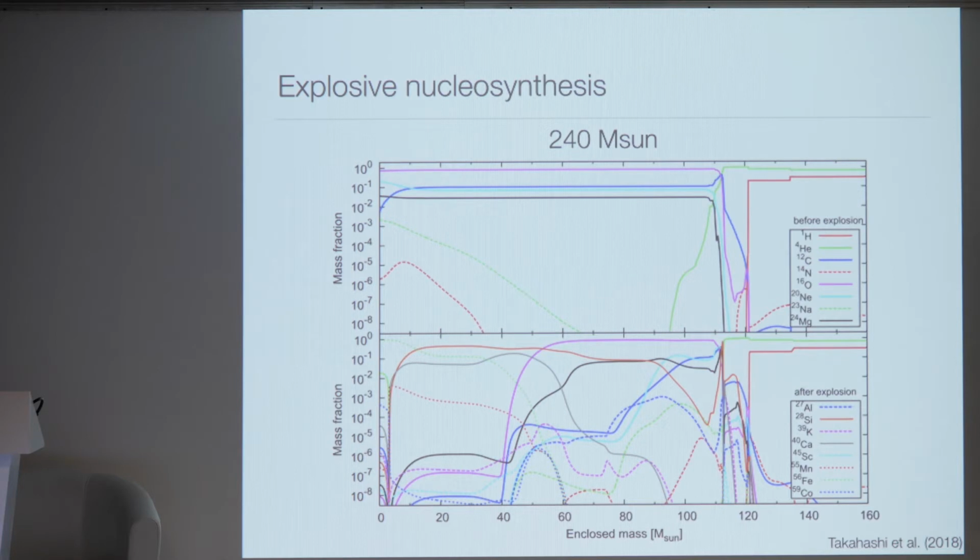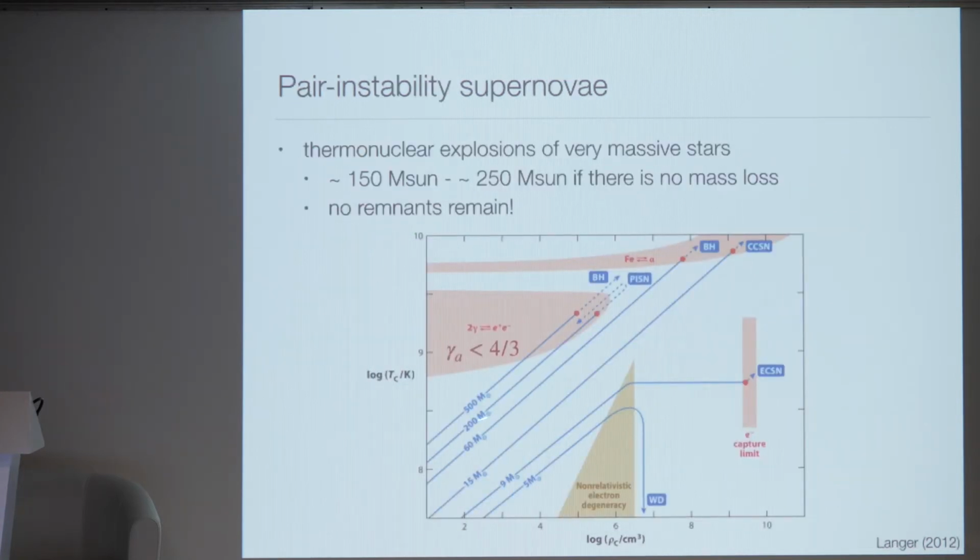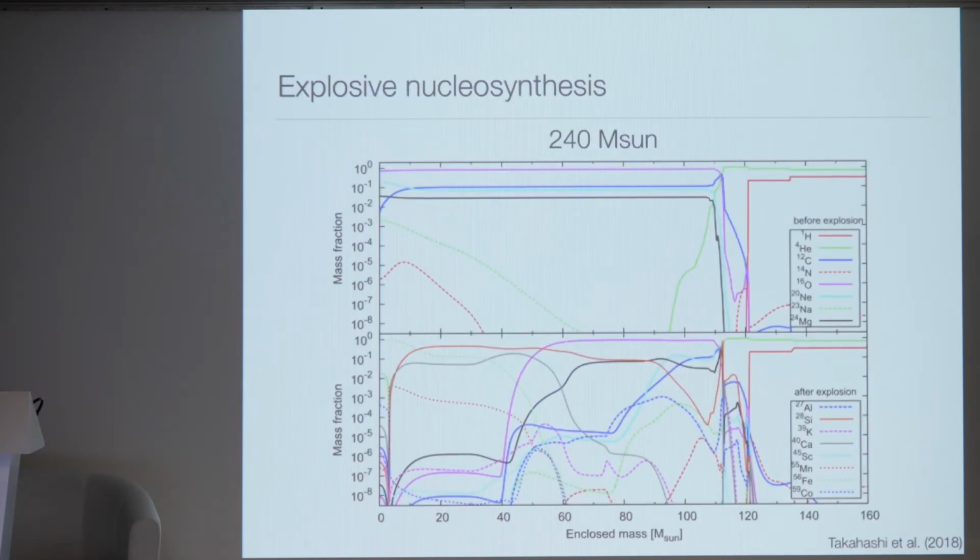So this is one example of how the composition changes as the star collapses. This is the 240 solar mass case. This is before the collapse. Just before entering this pair unstable region, most of the mass is composed of oxygen. Then it enters and collapses, and in the end this will change.